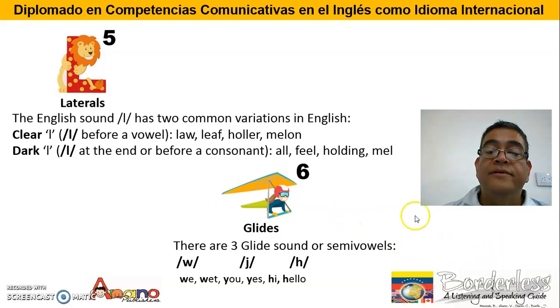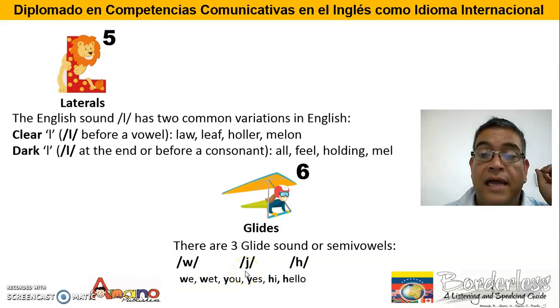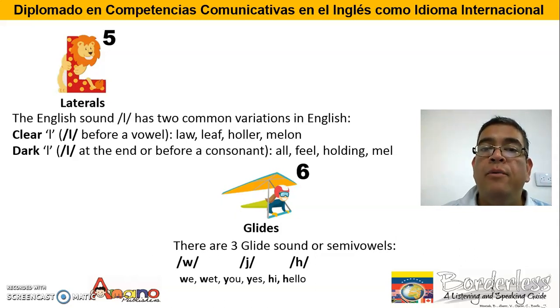They are called glide because they are also called semivowels, and I want to clarify something here. I clarified this last Sunday class, synchronous class. It sounds similar to a vowel sound, but it isn't. So that's why they call them semivowels.